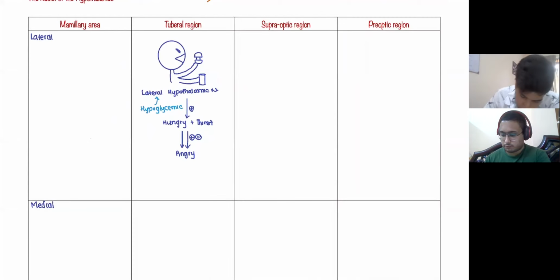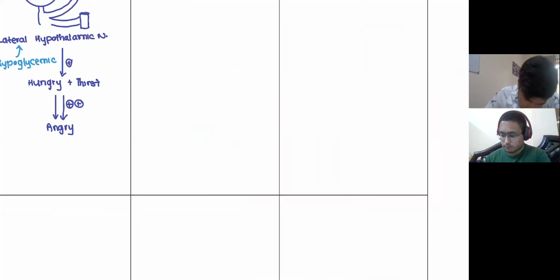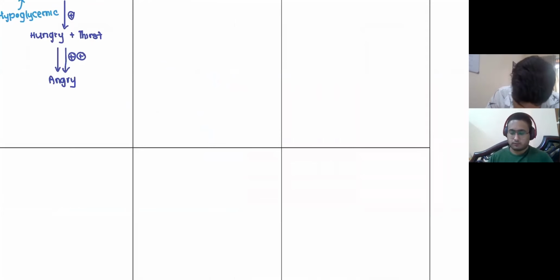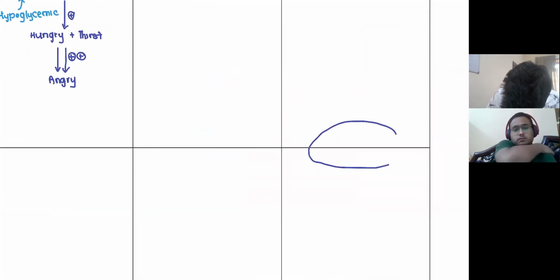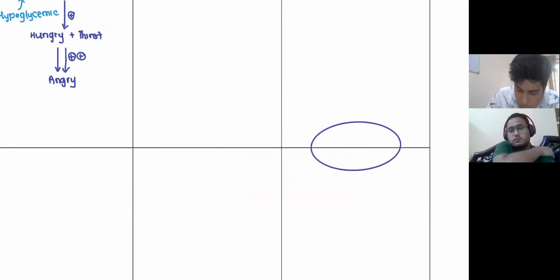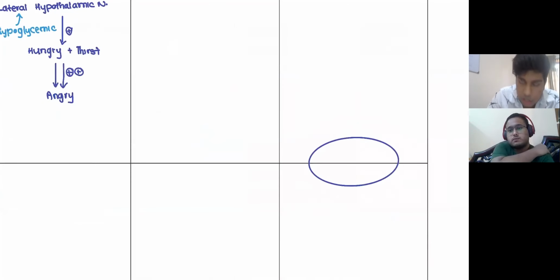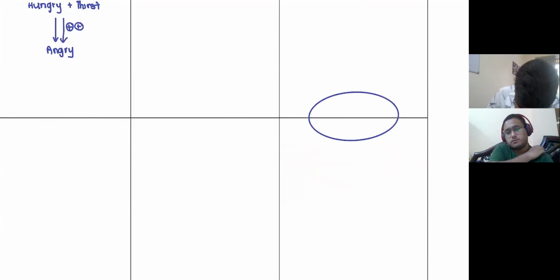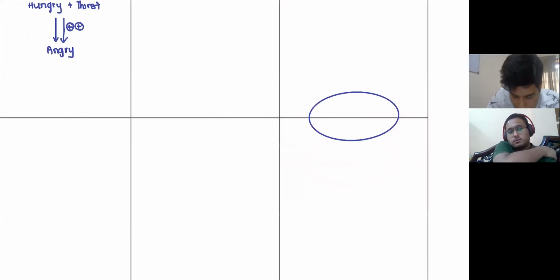Now we are going to go into the preoptic region, and this is the most interesting nucleus we are going to learn today. You cannot call it medial or lateral because it's in the middle. I just call this nucleus the dirty deeds nucleus.